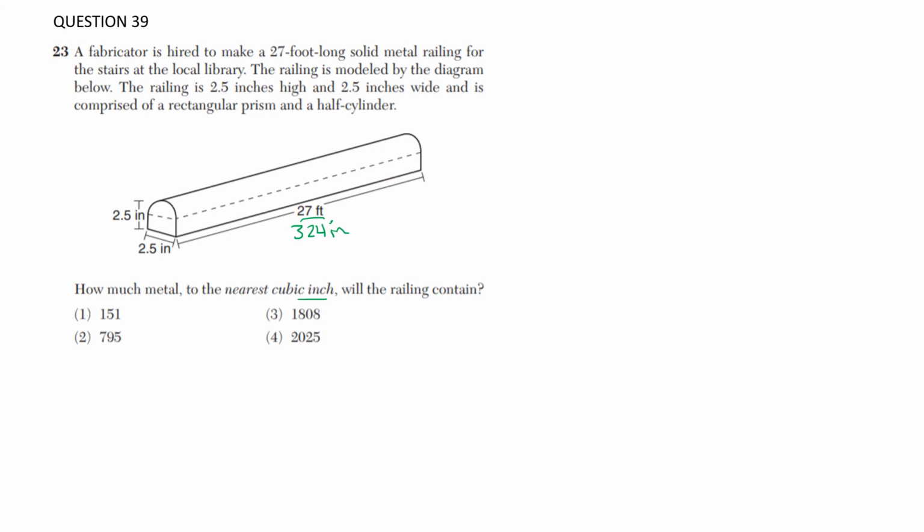For the rectangular prism, the volume equals length times width times height. In this case, we have a width of 2.5, a length of 324 inches, and a height of 1.25 inches.